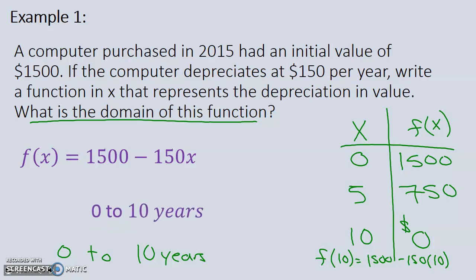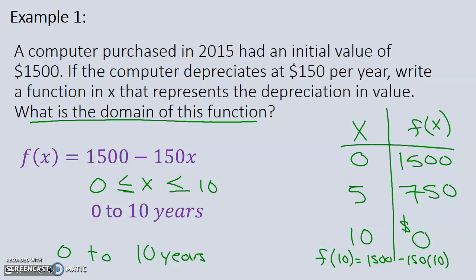If we want to use our inequalities, there's my 10: x has to be greater than or equal to 0. It can't be a negative year. You're not going back in time. But then x cannot be greater than 10, because once you hit 11 years, you end up in the negatives for the value of the computer. It doesn't really make sense for our real world example.